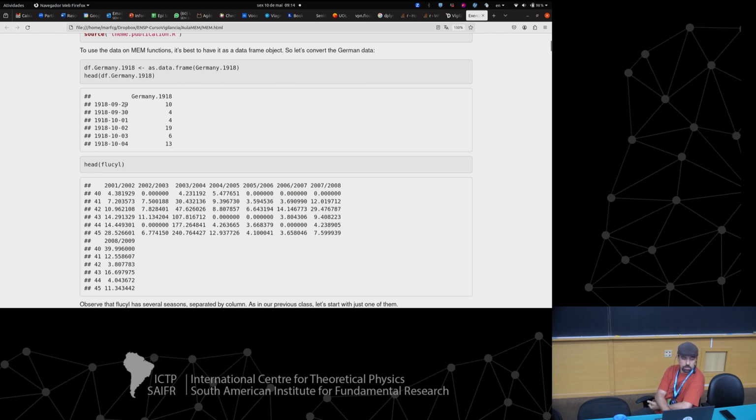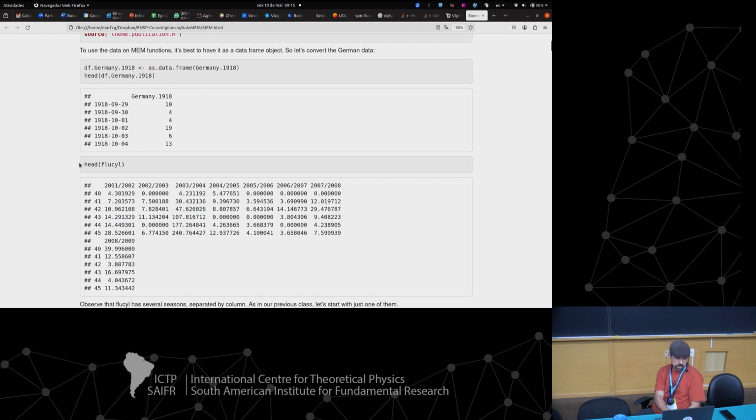Okay, so the rows are already identified with the associated date, and in the column you have the number of cases observed at each of those given days. Okay, so just a simple time series. The rows could be your x-axis, so time, and this column just identifies the number of cases.